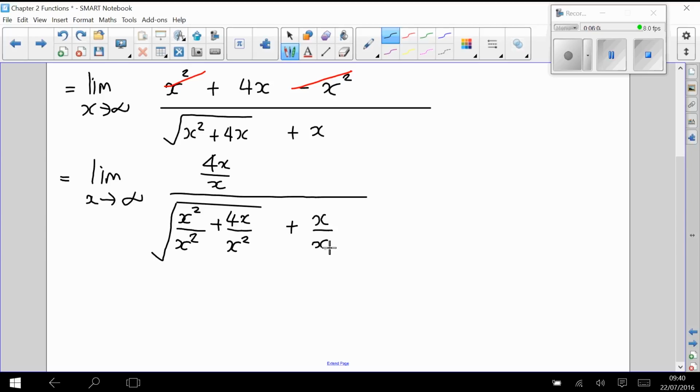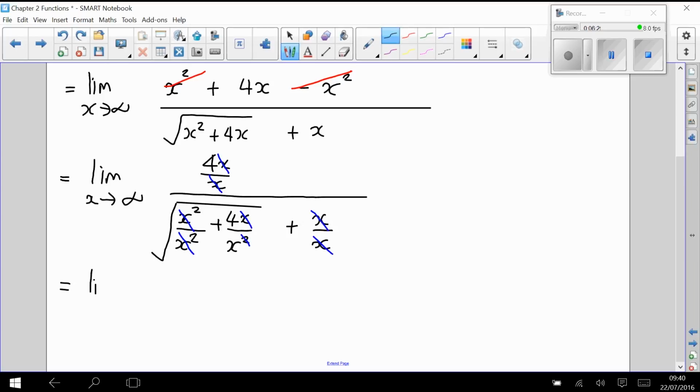And now cancelling common factors, I'm able to cancel the x in the numerator's fraction, I'm able to cancel all the x's in the first term under the root, and I'm able to cancel one of them in the second fraction under the root. The number outside the root has all my x's that are going to cancel out.